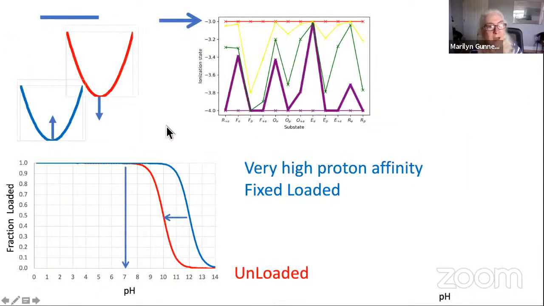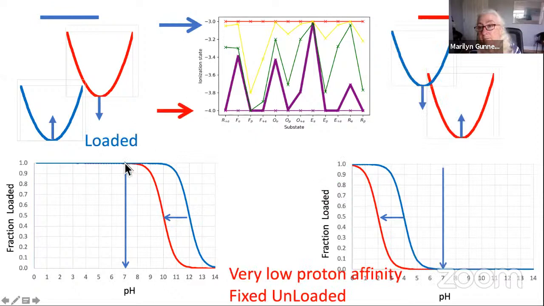So we can also have a different thing where we have these very far apart, very highly favored. Even when you want to change the proton affinity, it doesn't change the proton loading. Or you could have it so that the unloaded state's very low in energy. Even if you change the affinity, you never load.